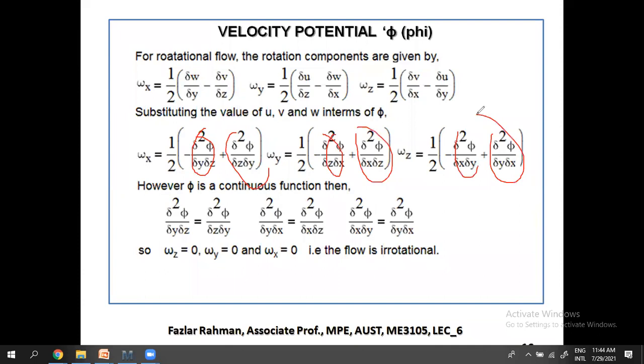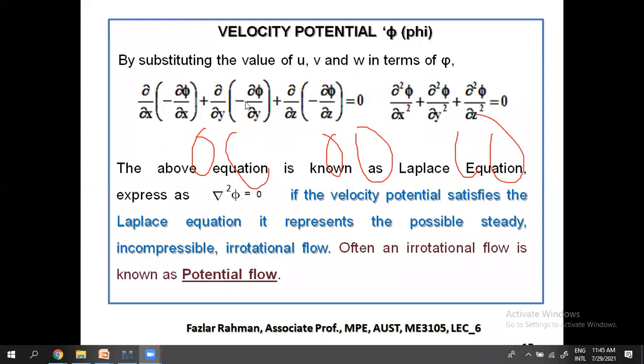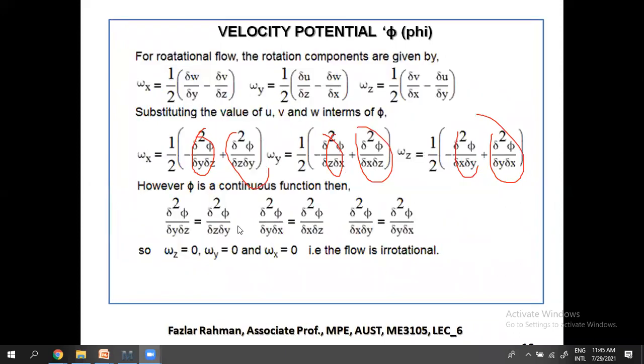That means if you have a phi, then you can use this Laplace equation, and also you can use the rotational vector equation. Then you prove that there is no rotation of the fluid element. So the flow is irrotational. So you have two options.